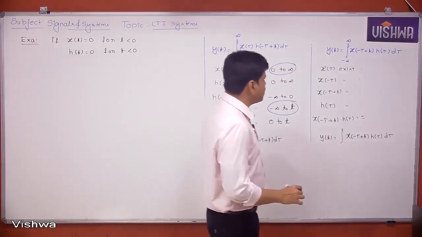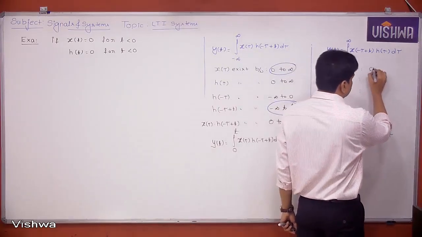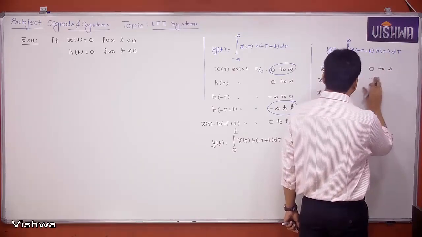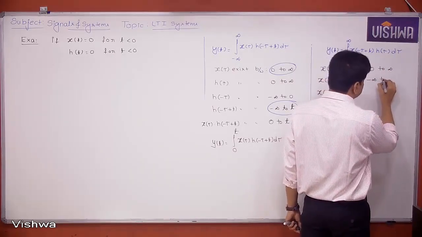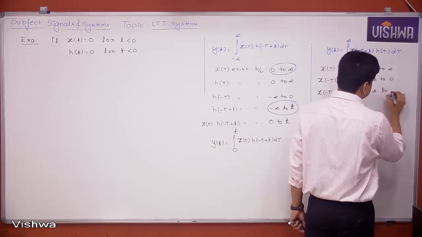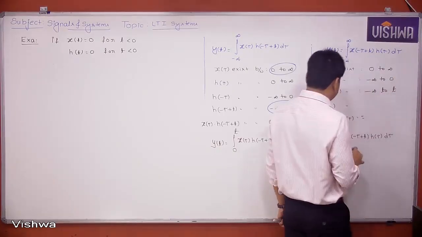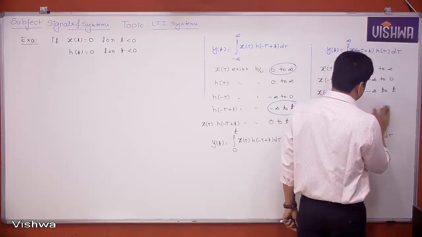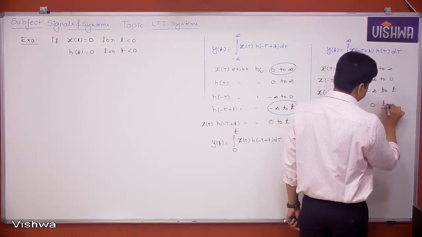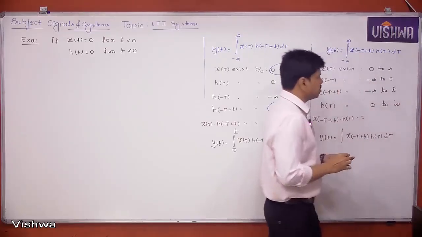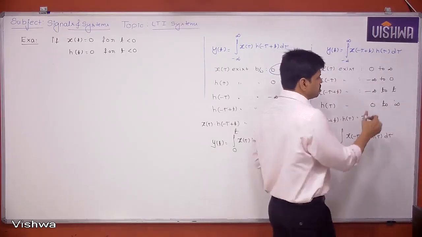In the similar manner here also, 0 to infinity. Then it is minus infinity to 0, minus infinity to t. Then it is 0 to infinity. Then what are the common limits here?